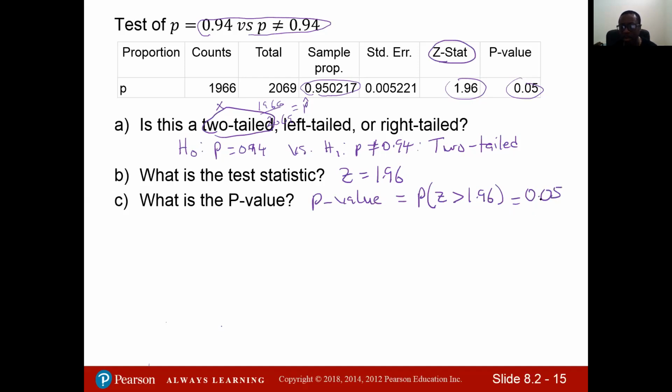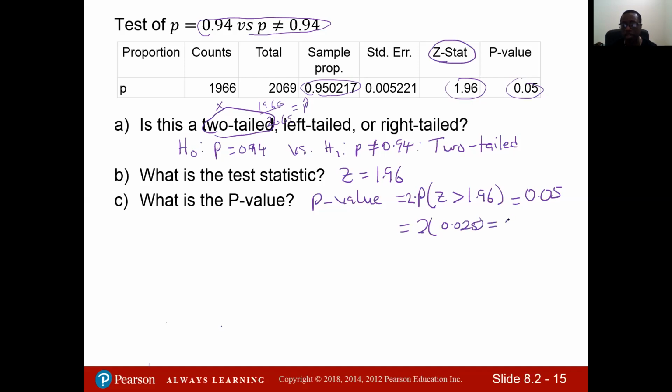Okay, so for 1.96, the probability from the table is 0.025. Because it's a two tail, it is 2 times that. So if you have 0.05 divided by 2, that is 0.025.